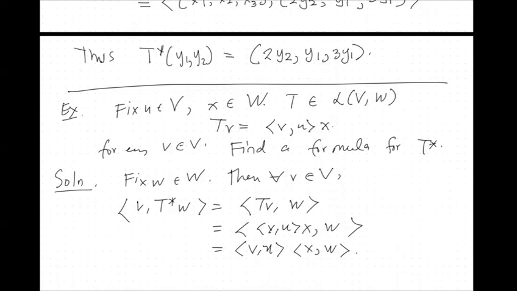Then you can put the inner product of x and w inside, and by conjugating this, you get the inner product of w and x, times u.